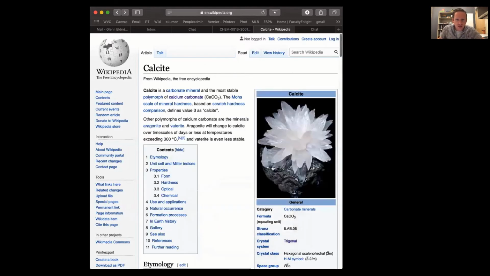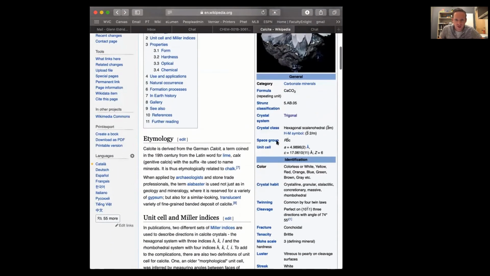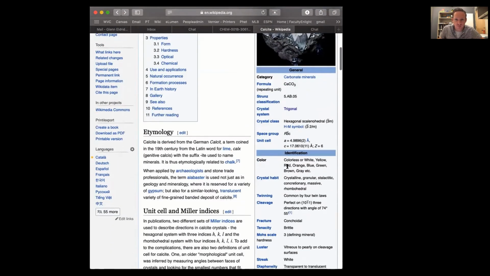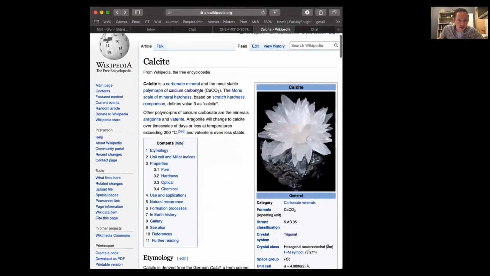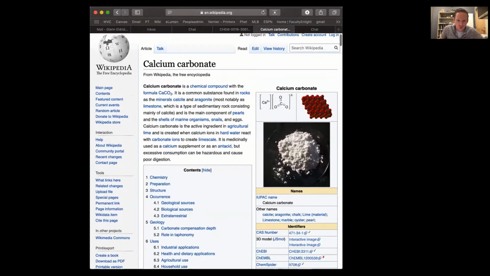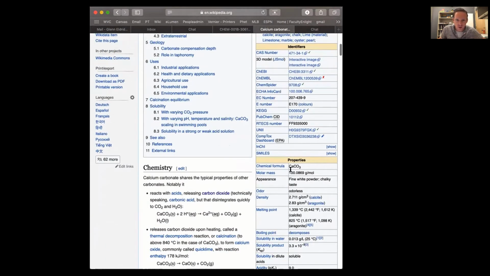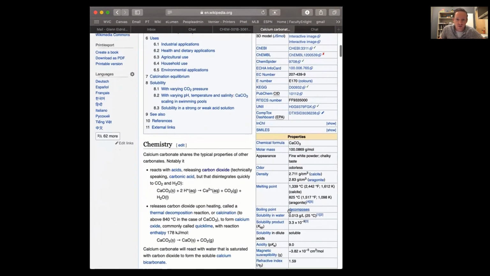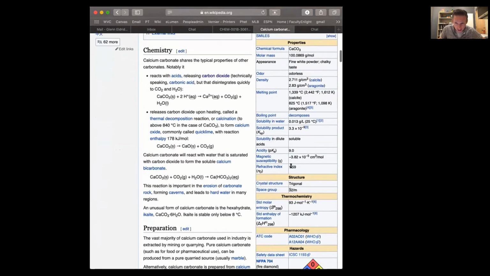So here is the mineral version, and they're talking about all these things over here. Here's the unit cell stuff, which is actually kind of what we're about to talk about. And then if you click on the chemical formula, calcium carbonate, you go to the chemist version, which has all the things that we've been talking about: molar mass, density, melting point, boiling point, solubility, Ksp, pKa, because carbonate's a weak base.